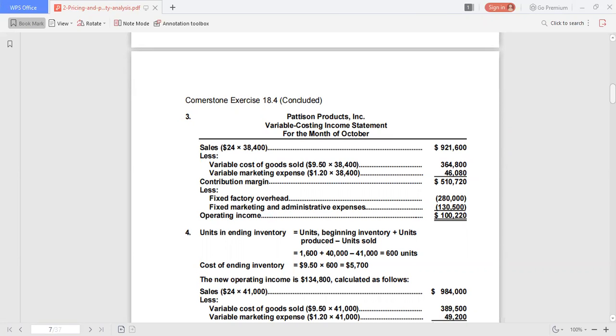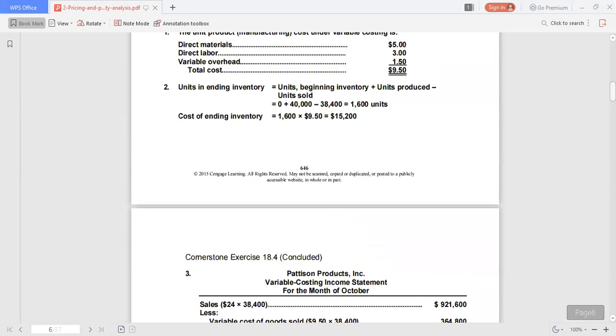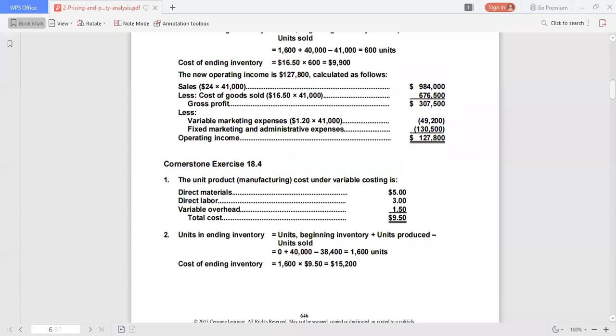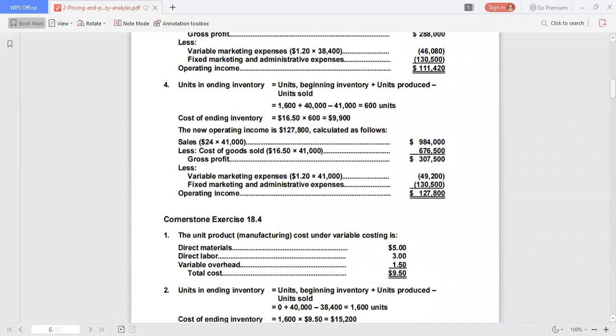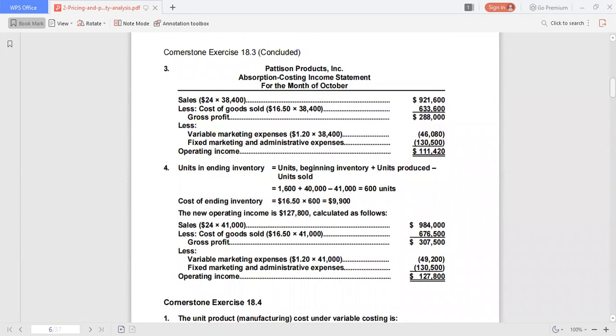So if production exceeds sales, our net income under absorption costing is higher than that under variable costing. Now, let's go back to the income statement under absorption costing. For the month of October, the operating income is 111,420, and that is absorption costing.